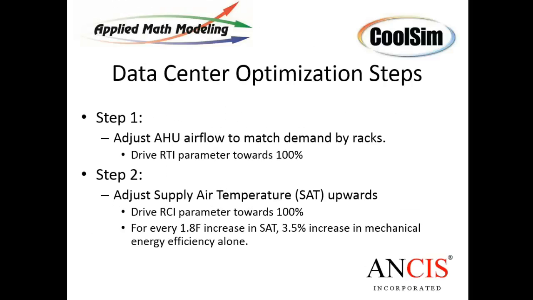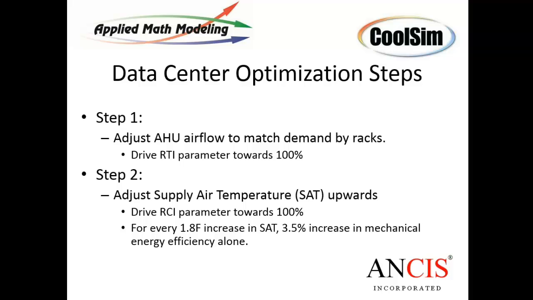So the steps we use in the optimizations that I'm going to show you are, number one, adjust the air handlers. You can call them CRACs or CRAHs or air handlers. Adjust those to drive that RTI parameter towards 100%. Step two, then begin to turn up your supply air temperature so that you get it within range and preferably as high as you can without exceeding range.